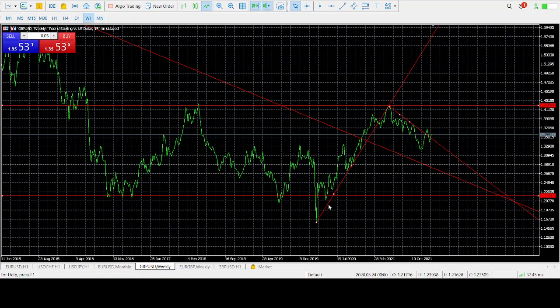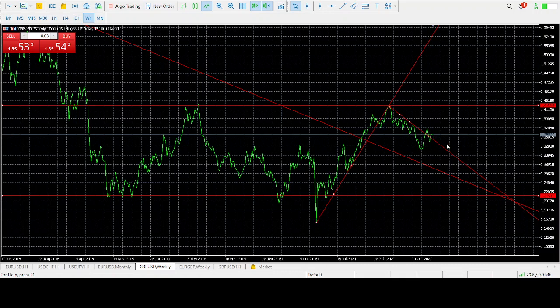So we have a trend line here that was going all the way up to the monthly resistance, and the price bounced off. Logically, the price wants to go somewhere, probably to the intersection, but at the moment we don't have anything clear.